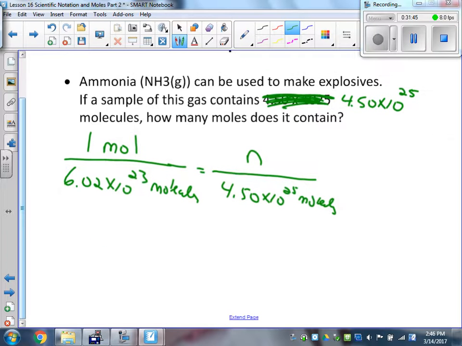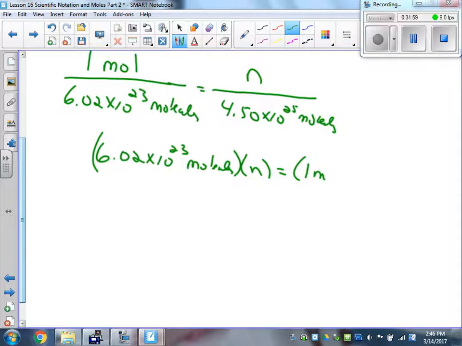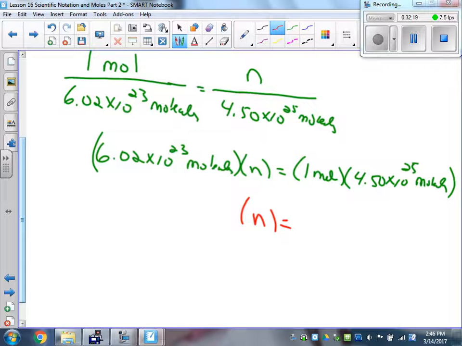So cross multiply. 6.02 times 10 to the 23 molecules times N gives me 1 mole times 4.50 times 10 to the 25 molecules. How am I going to get N by itself, which is the number of moles?